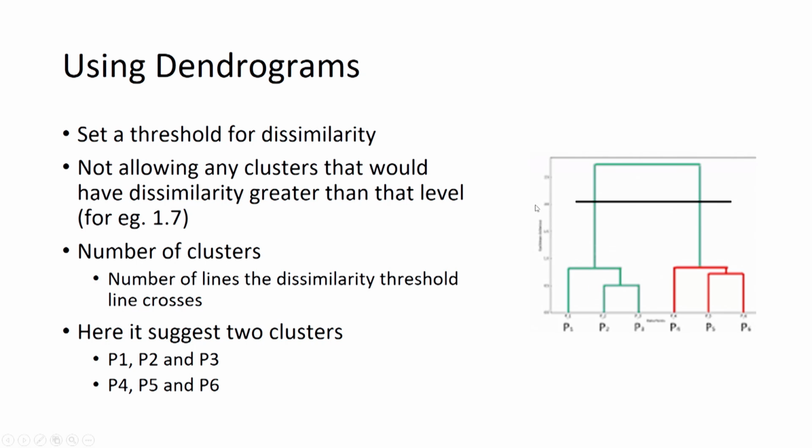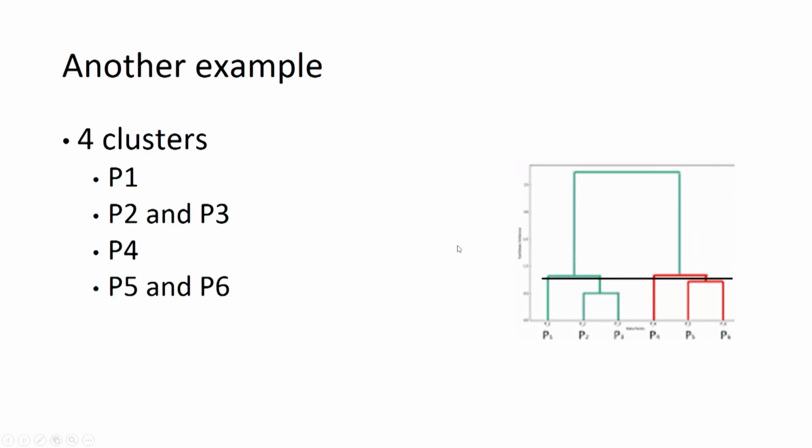So, in this way your dendrogram can be used to find the optimal number of clusters. Here if we set this as a threshold, in that case we will get this one cluster that is having P2, P3, and this is a cluster that is having only P1, and this is another cluster, P4, and this is a cluster in which P5 and P6 are merged.